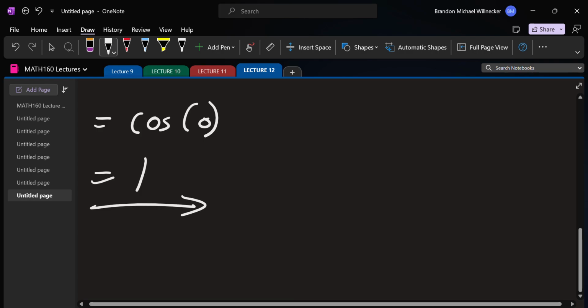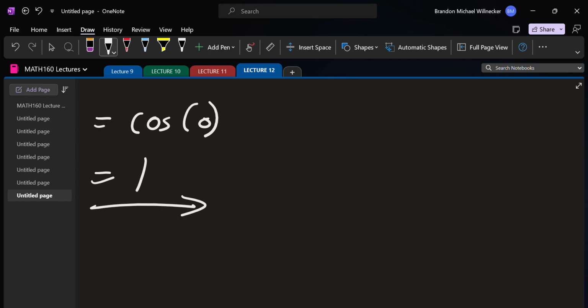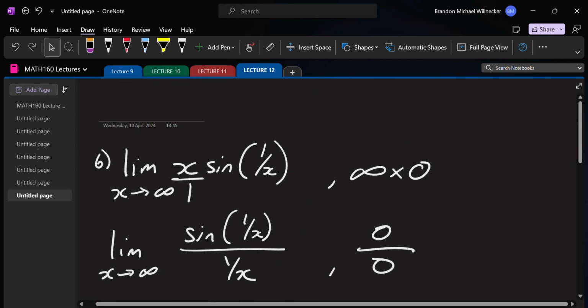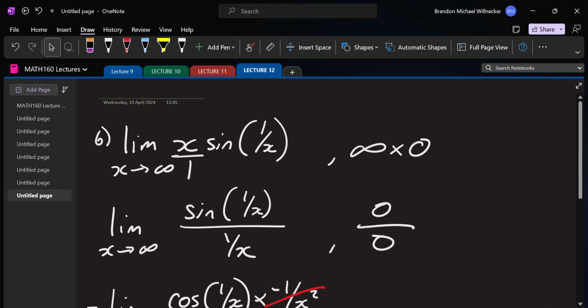So remember, when functions are continuous, the limits can jump inside and out, depending on what you want to do. So we just get 1. Any questions on this one? Everyone's fine with that.